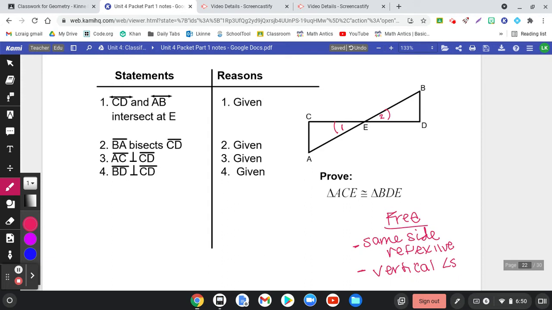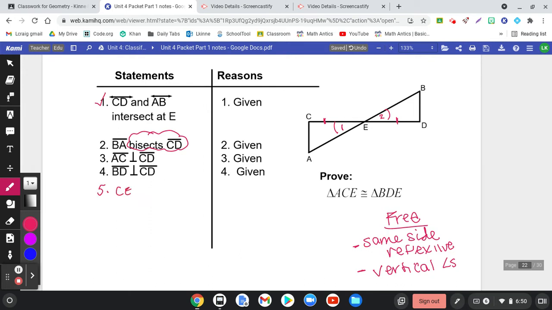So line CD and AB intersect at E. That's really not anything that you can do anything with. It's just telling you that. BA bisects CD, so CD is being cut in half. That means CE is congruent to DE, and that's going to be my first statement.